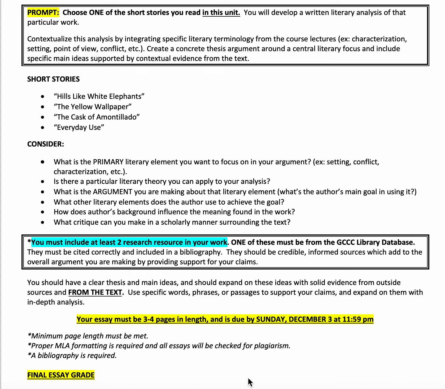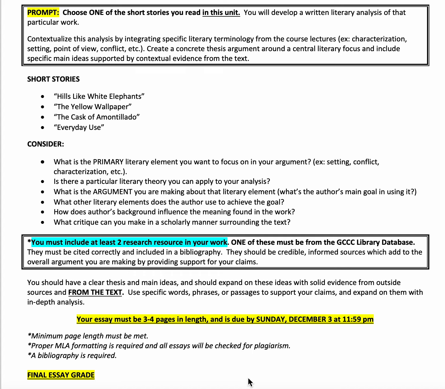So, for example, why does Hemingway include the symbolism of the railroad tracks as a representation of the crossroads of this relationship? Why does he use the allusion to the idiom, elephants in the room? Why does Charlotte Perkins Gilman use the imagery of this putrid yellow wallpaper to represent the madness of this character?